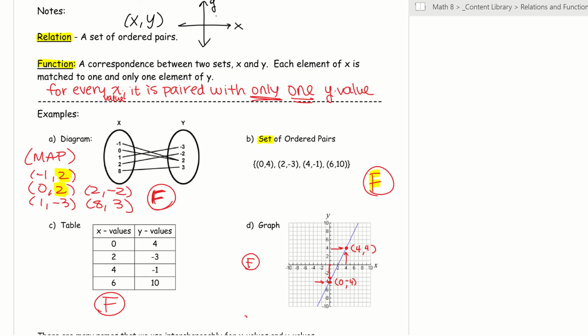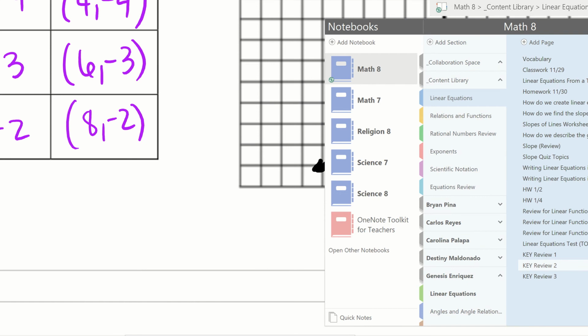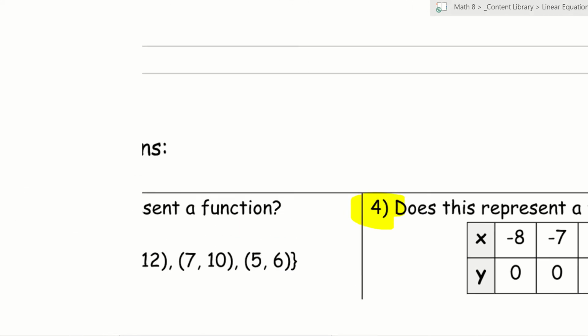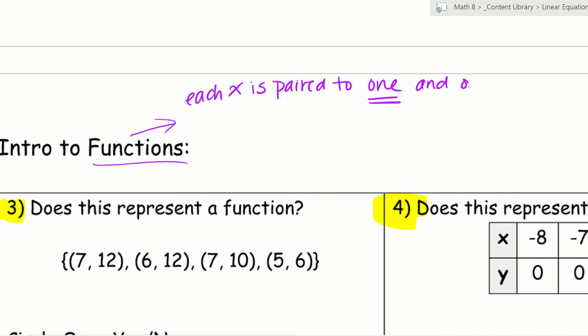In other words, for each x, there is one and only one y value paired with it. Function: each x is paired to one and only one y value.